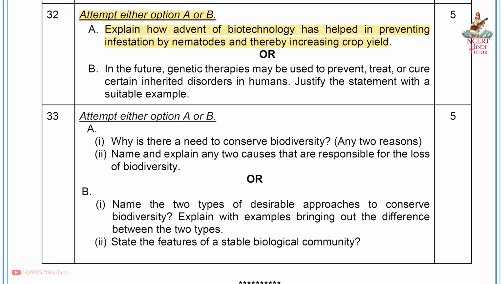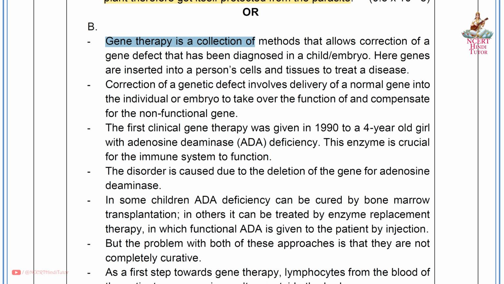Or B. In the future, genetic therapies may be used to prevent, treat, or cure certain inherited disorders in humans. Justify this statement with a suitable example. Answer: gene therapy is a collection of methods that allows correction of a gene defect that has been diagnosed in a child or embryo.